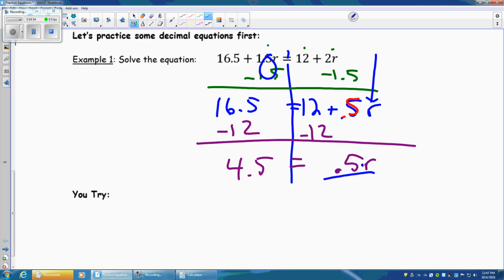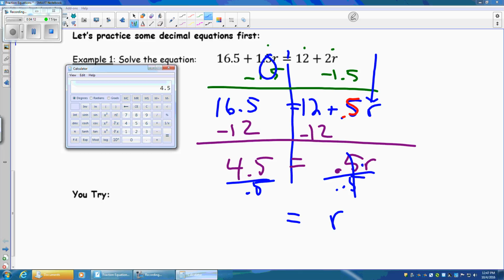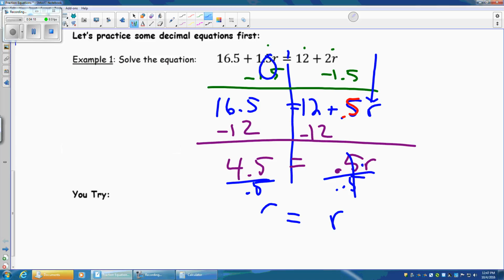Yes, we divide by 0.5 on both sides. And when I do that, you might need a calculator for that one, unless you're really, really good with decimals. I'm going to go 4.5 divided by 0.5, and I end up getting 9 as my final answer. See how it's really not that intimidating, as long as you have something to do all the arithmetic for you.